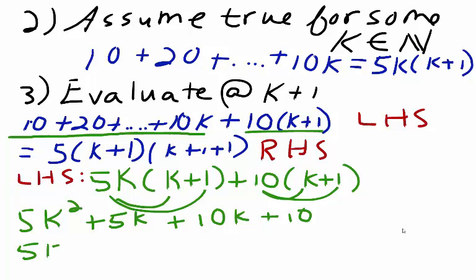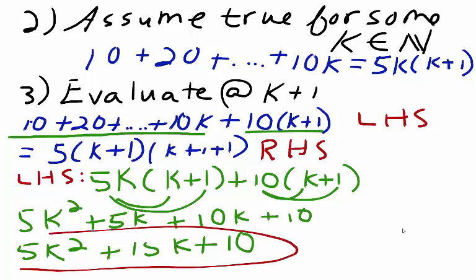This becomes 5k squared plus 15k plus 10. Okay, so we make note of our simplified left-hand side of the equation, and now we move on to simplifying our right-hand side.